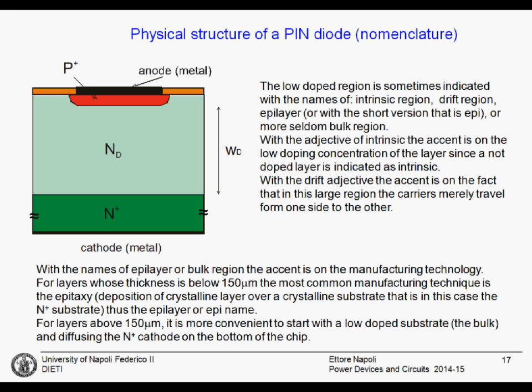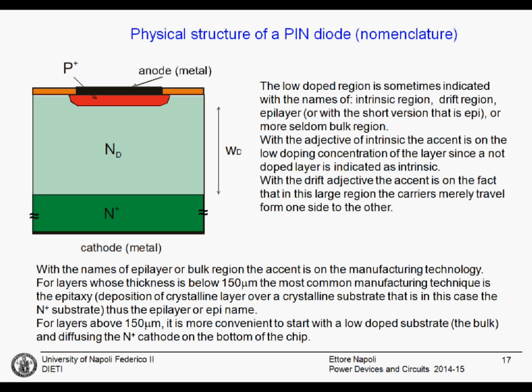Sometimes I say intrinsic region, sometimes I say the drift region, sometimes I say the epi layer or the epi. Or sometimes you can also hear bulk region. It's always the same region, it's always the low doped intrinsic layer that is built in order to sustain the reverse voltage.